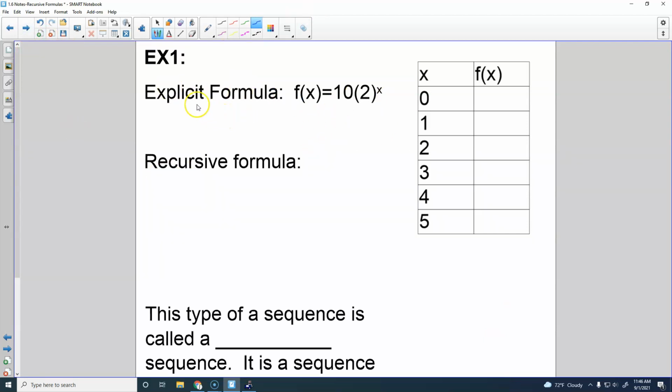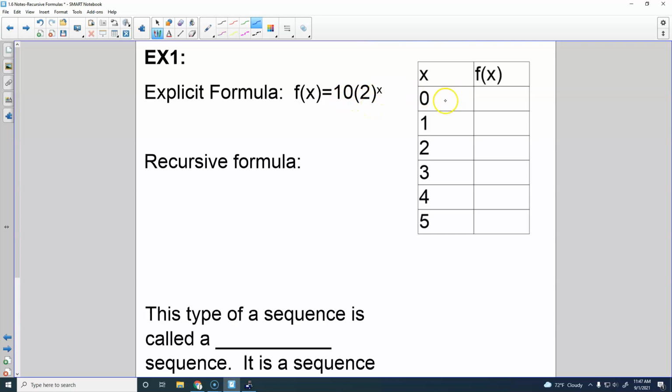So the first thing we're going to look at is I'm going to give you this explicit formula. f of x equals 10 times 2 to the x power. So let's fill in an explicit formula, like I said, is what we're used to dealing with, right? So we'll be dealing with some exponentials and linears today for our recursive formula. So I've got 10 times 2 to the x power.